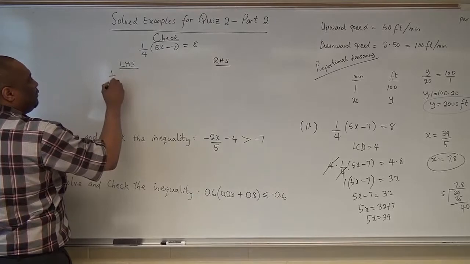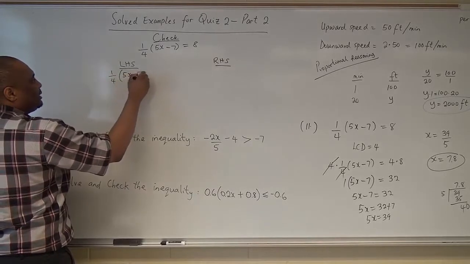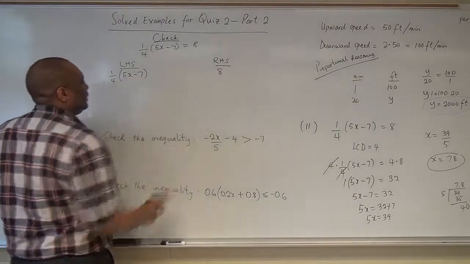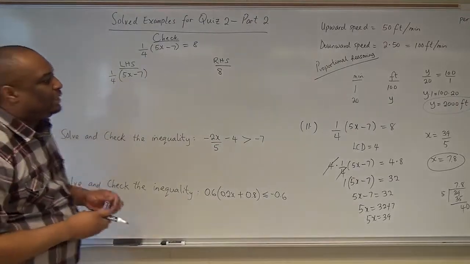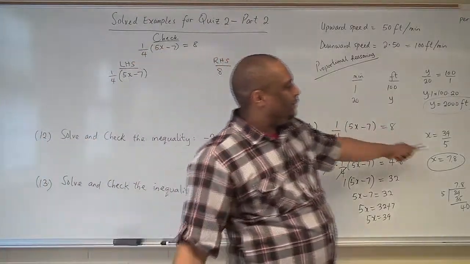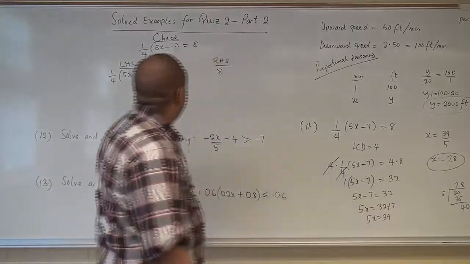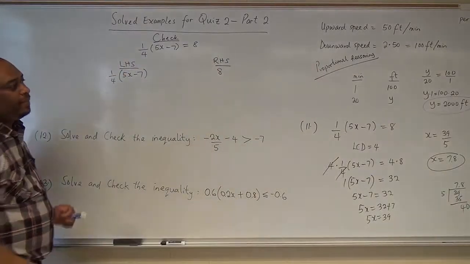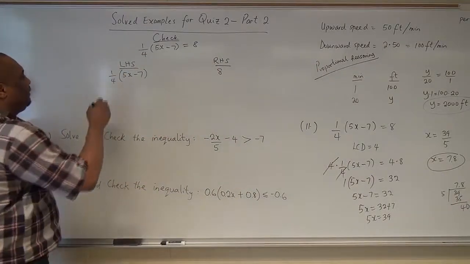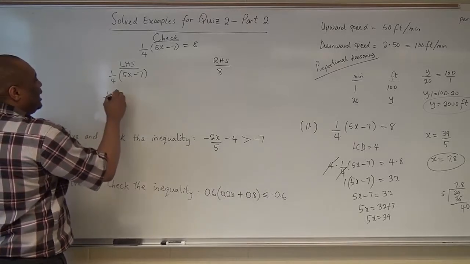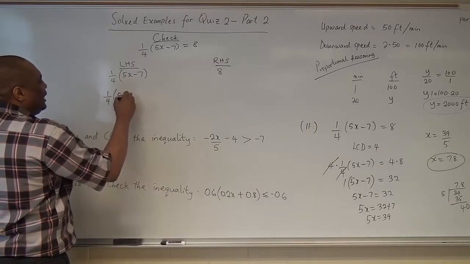Left hand side is 1 over 4, 5x minus 7. Right hand side is 8. I would like to check with this fraction, x equals 39 over 5. Saves me a whole lot of time. So this is 1 over 4 times 5 times 39 over 5.